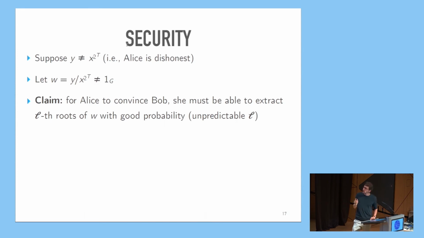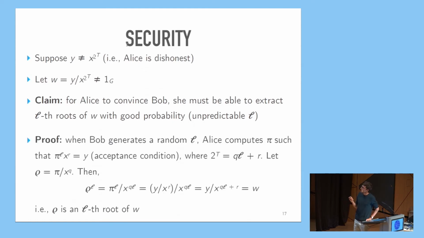So Alice is supposed to find an element w in the group, of which she's going to be able to extract Lth root for random L. So why is that? If we look at the protocol, w is fixed at the initialization of the protocol. It depends only on the input of the protocol. Then Bob generates a random value L, and Alice computes a proof pi that passes the verification condition.